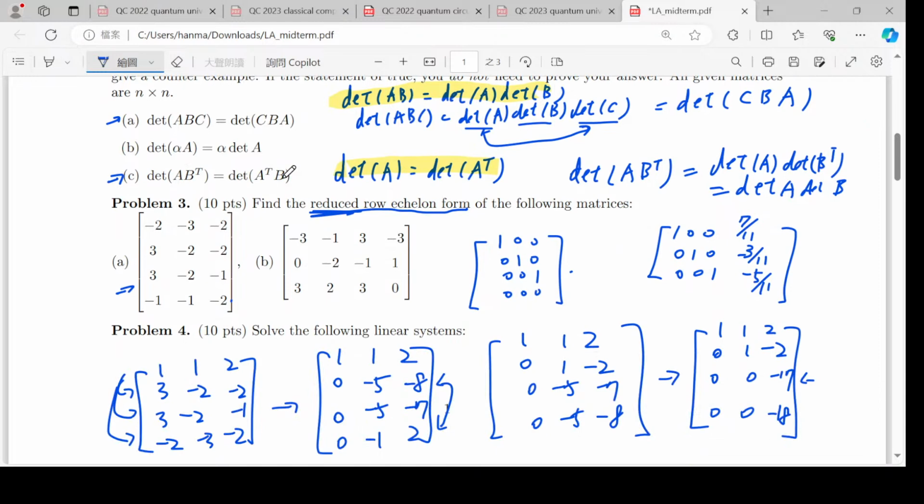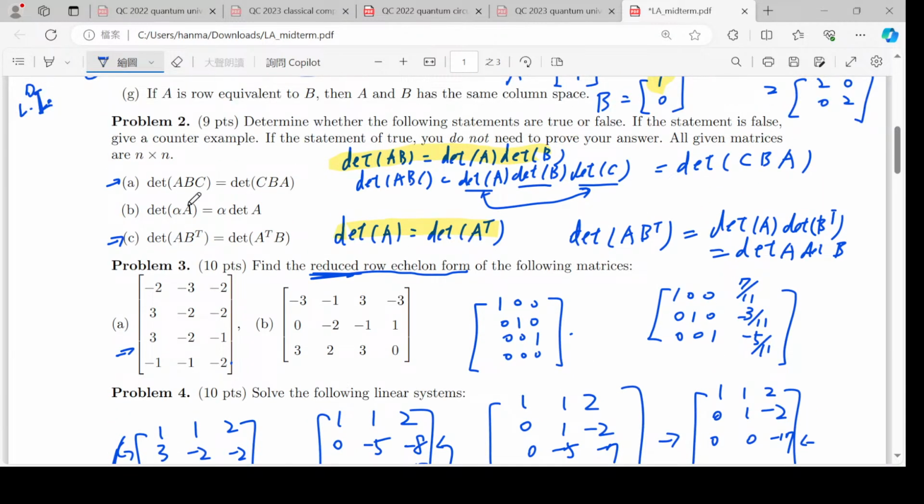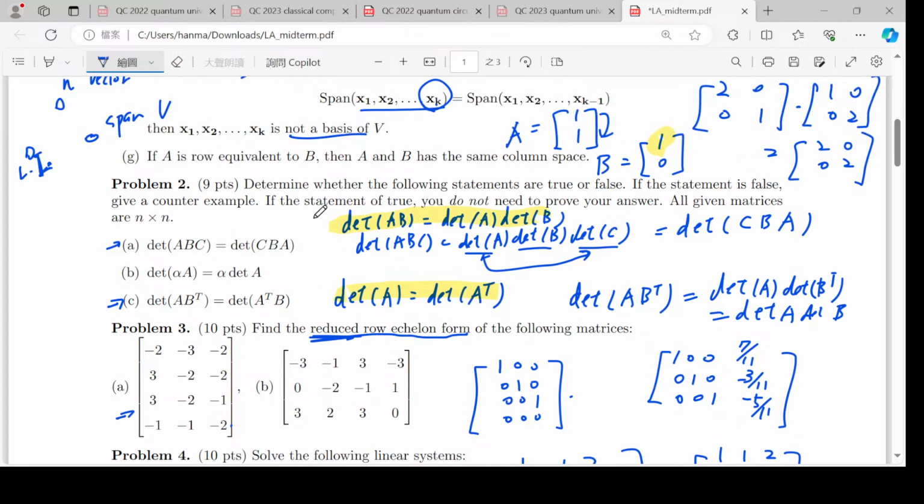What about the middle one? The middle one is actually false. The determinant looks very linear, but it's actually not, because the scaling is raised to the power of the dimension. So if A equals 1, 0, 0, 1, then det(A) equals 1, and alpha A equals alpha, 0, 0, alpha.